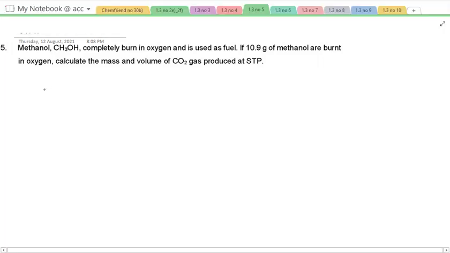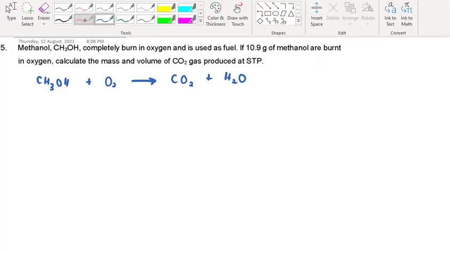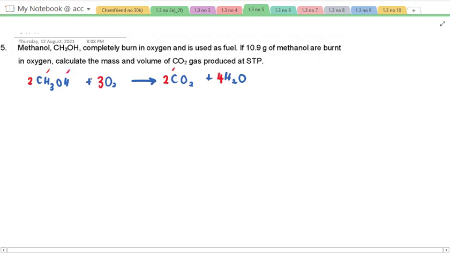Right, okay, so write the balanced equation first. Methanol burns in oxygen to form, of course, CO2. Okay, combustion will produce CO2 plus water. Okay, then what's next is, of course, to balance the equation, right? So 2 mole of methanol plus 3 mole of O2 to form 2 CO2 plus 4 mole of water.